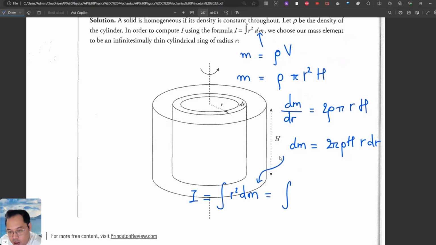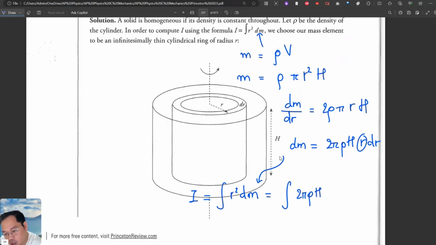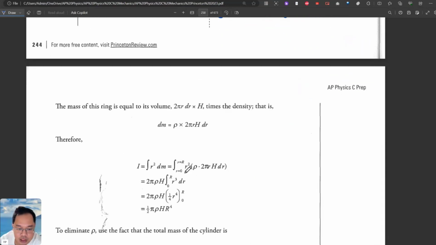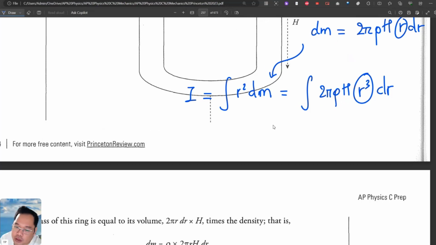we have r squared times r, which is r cubed, times 2 pi rho h. These are constants, and r cubed is the variable, with dr. So all the things in front, 2 pi rho h, are constant.